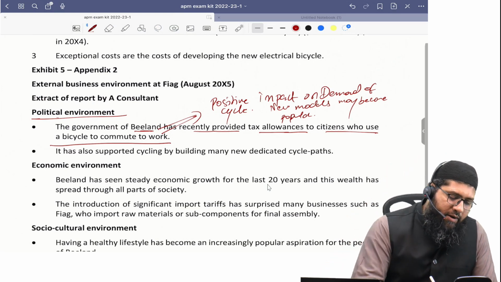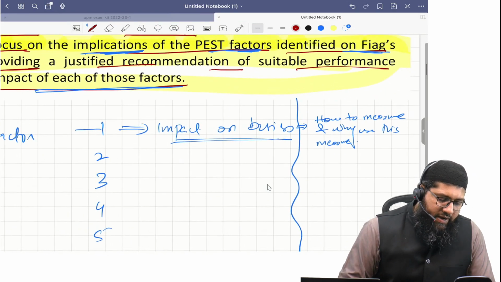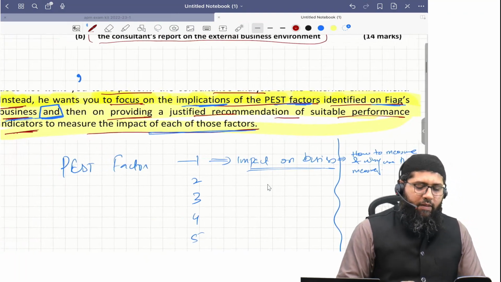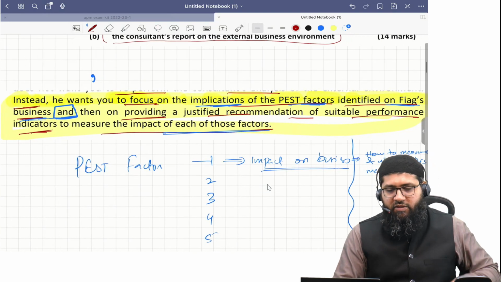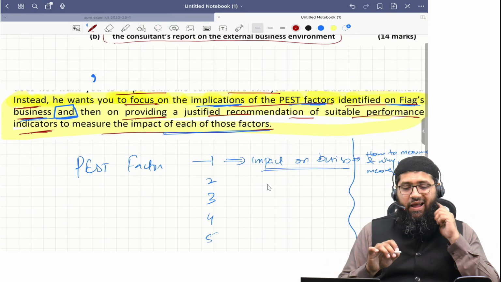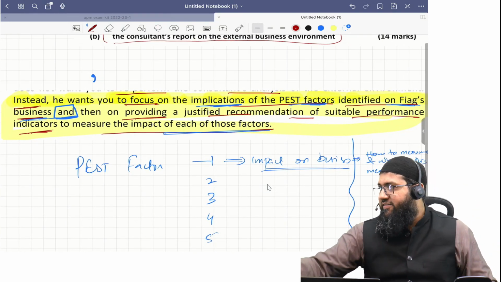So see, the requirement of the question was: what is going to be the impact on the business, and suggest suitable performance measures. So both of them are actually covered through this.